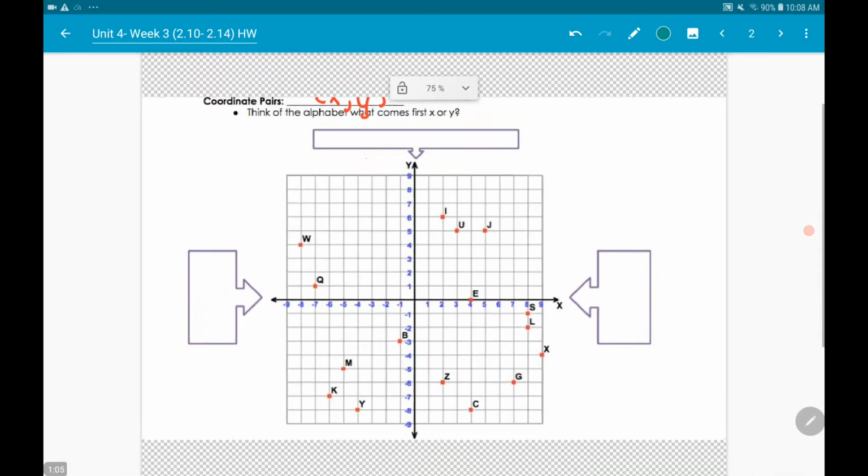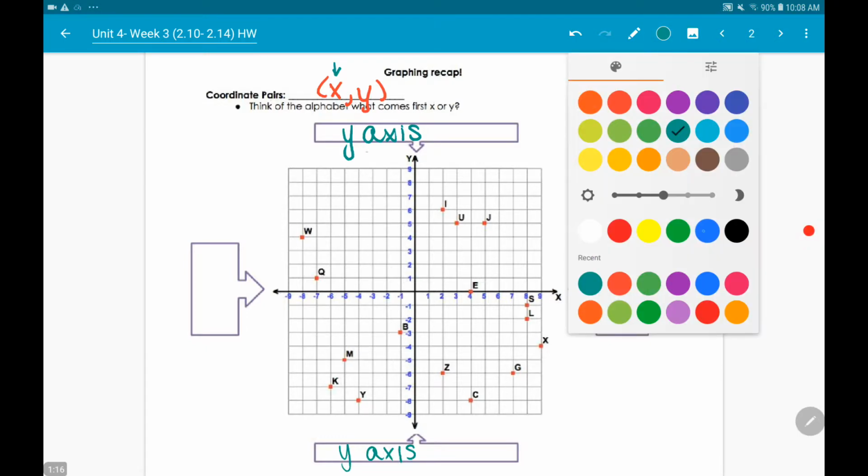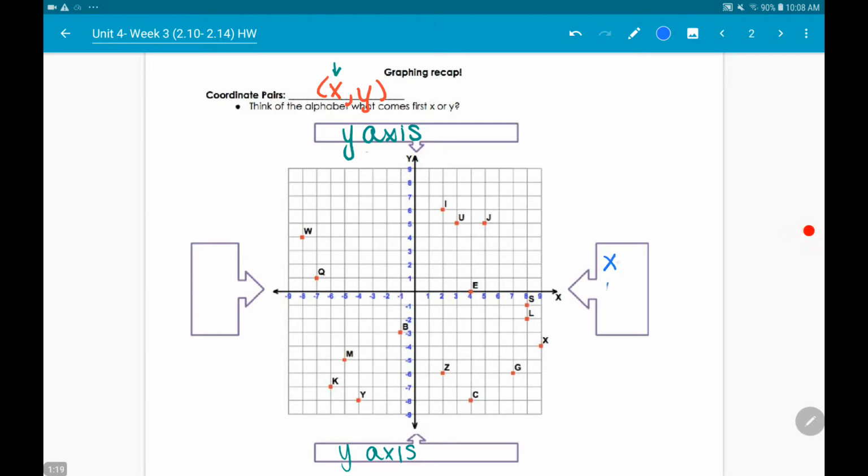Okay, so let's take a look at our axes. We have our y-axis here, and that goes up and down. And then we have our x-axis, and that goes left to right.